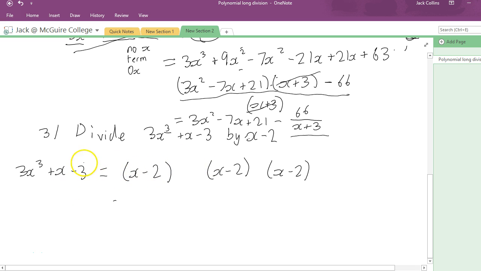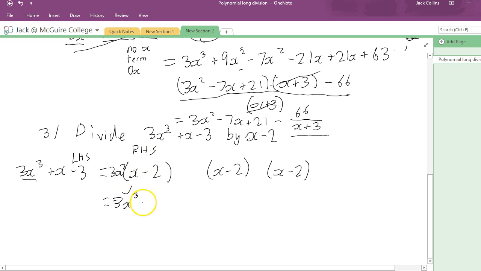So we need to make sure the left-hand side is equal to the right-hand side by coming up with coefficients here. So to get to your x cubed term, you need to multiply, once again, by 3x squared. Okay. So 3x squared times x is 3x cubed, which is what we want. So that's good. Tick, first part done.